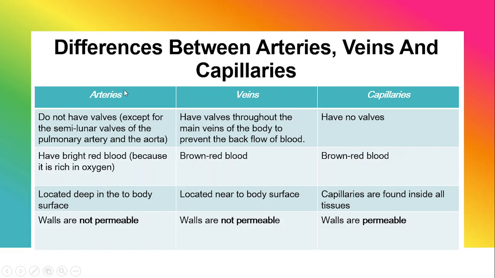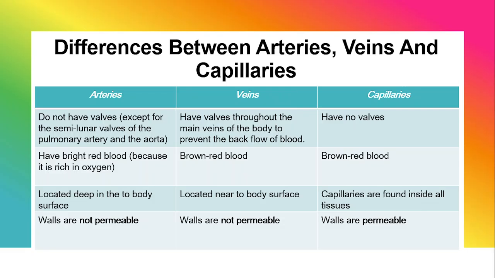Then the arteries are located deep in the body, while the veins are located near the body surface, and the capillaries are found inside all the tissues. Then the walls of the arteries are not permeable. The walls of the veins are also not permeable, while the walls of the capillaries are permeable.